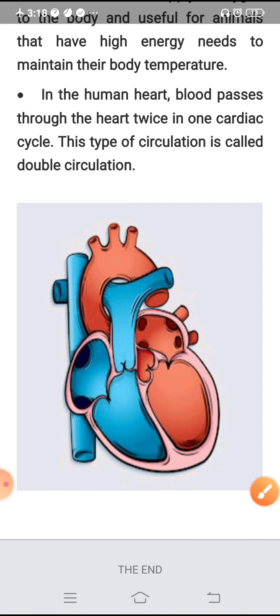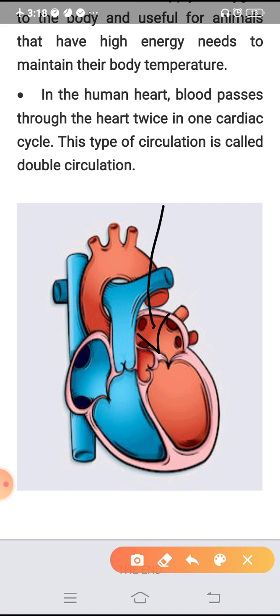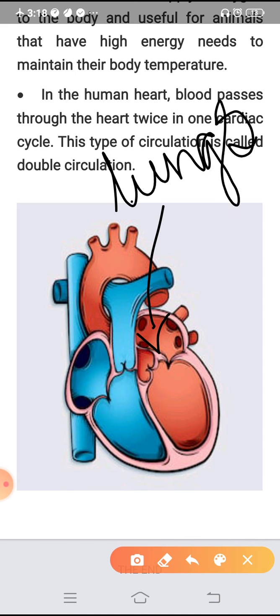Now, let us try to understand stepwise what happens. The auricles receive the blood. How do they receive the blood? The auricles receive the oxygenated blood from the lungs. Right? Now while receiving the blood, the auricles will be in the relaxation state.